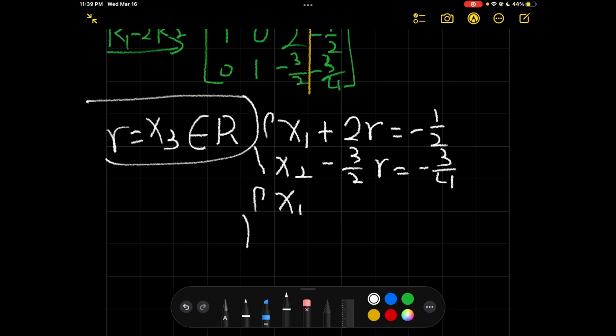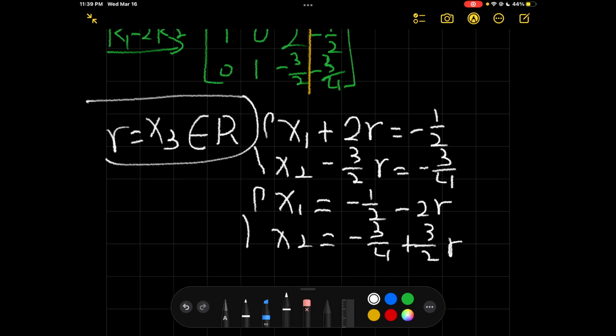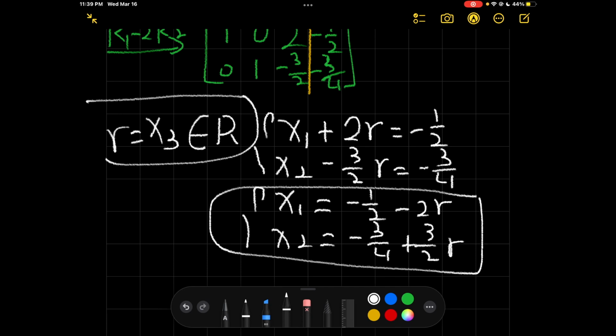Now we move to the right, so x1 equals negative 1/2 minus 2r, and x2 equals negative 3/4 plus 3/2 r. That's what we got. We won't establish the relationship, but we will try. That won't be a conflict because it won't be inconsistent, because we only have 2 rows, but we have 3 variables.